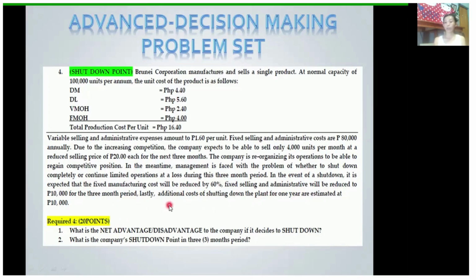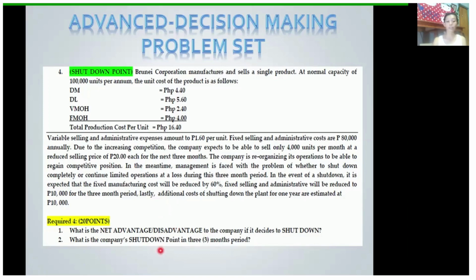So our requirement in this situation is, what is the net advantage or disadvantage to the company if it decides to shut down? So it refers to calculation of how much it will be the advantage or disadvantage if the company goes with the shutdown decision.